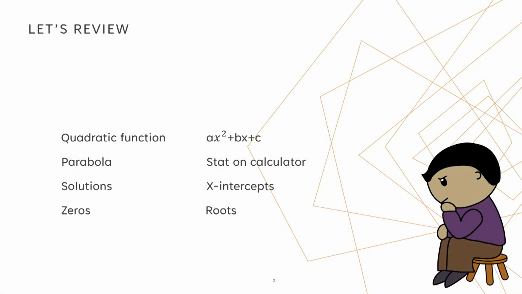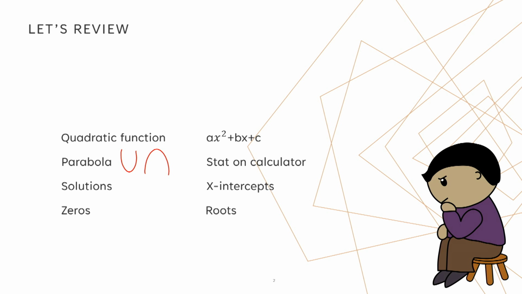Still going to do a little review on those vocabulary. These vocabulary that we are coming across are very important. If we cannot speak the lingo, we're not going to be able to do the math. So we talked about the quadratic function, ax squared plus bx plus c. We talked about that the shape of a quadratic is called a parabola, which is this shape or this shape.